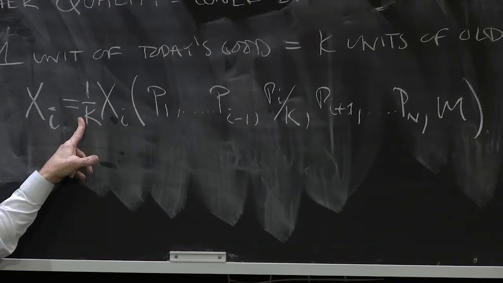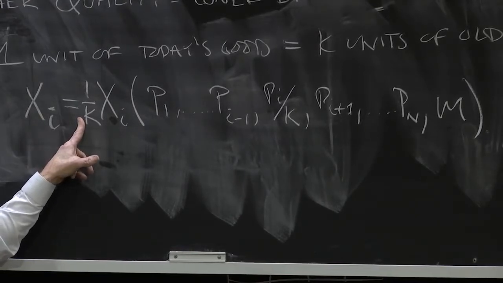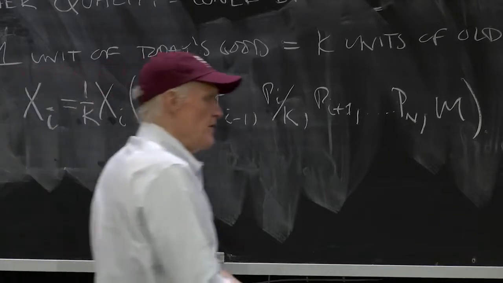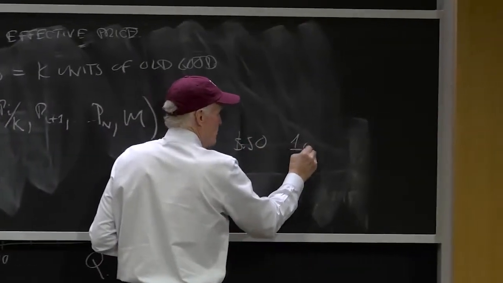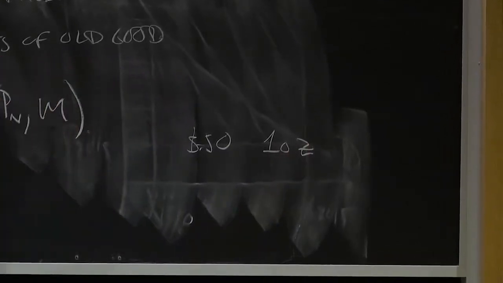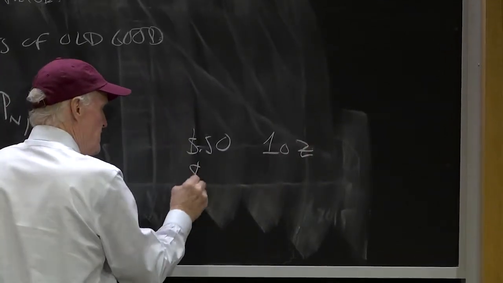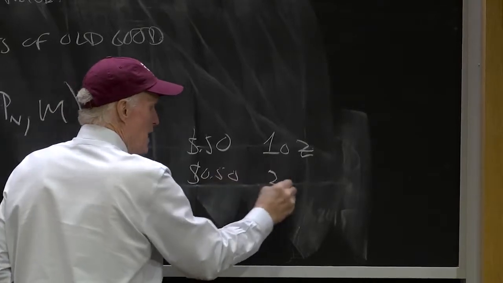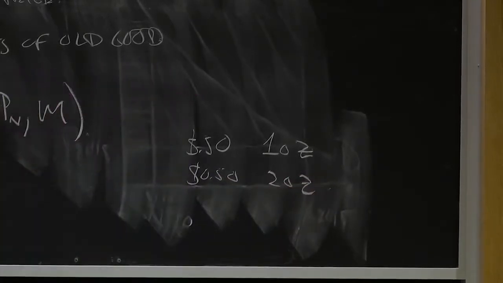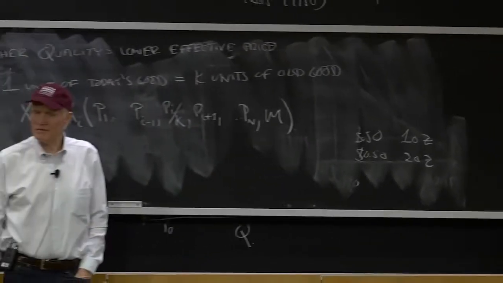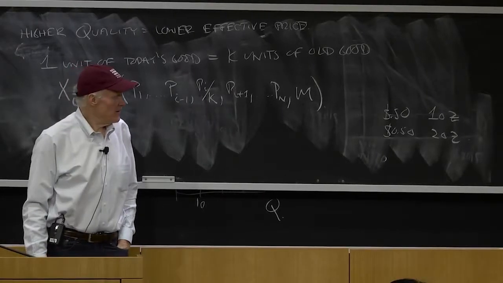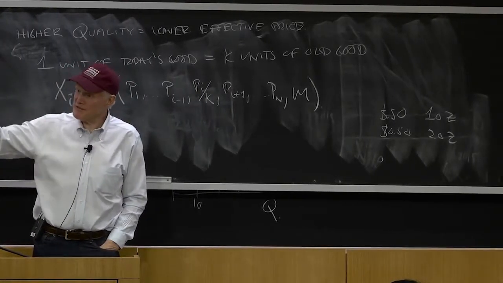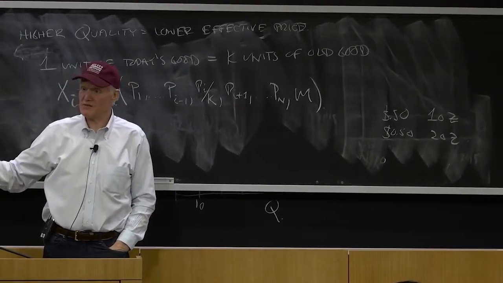Anybody understand why? Think of it this way. Candy bars used to cost 50 cents for 1 ounce. Now they're 50 cents for 2 ounces. Do you want more candy bars or fewer? Well, think about it. Price per ounce went from 50 cents an ounce to 25 cents an ounce.